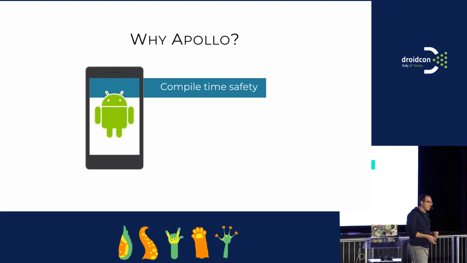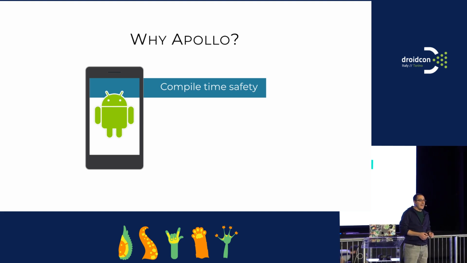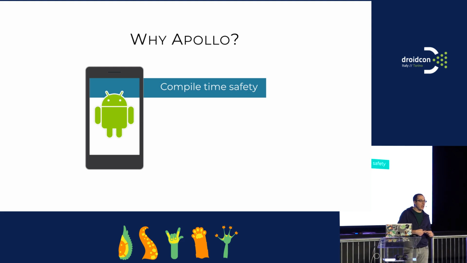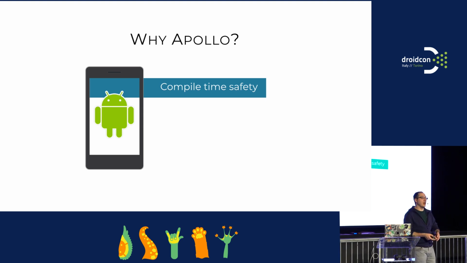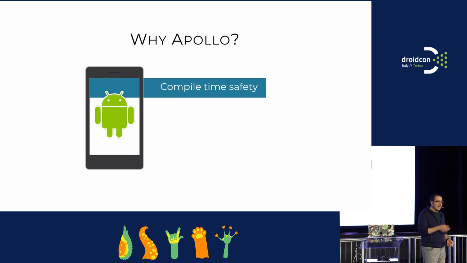As soon as we compile with Apollo, it will tell us your query is wrong, because the schema you passed told me that what you input was wrong. It's much better to have that fail at compile time than at runtime.